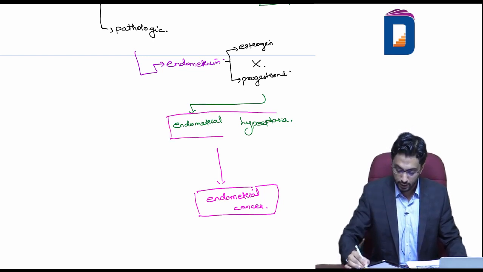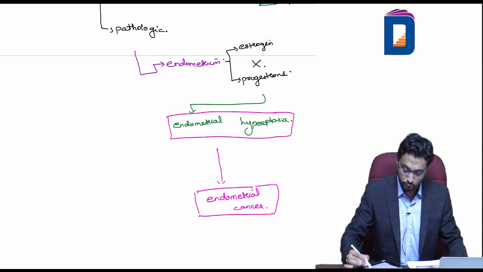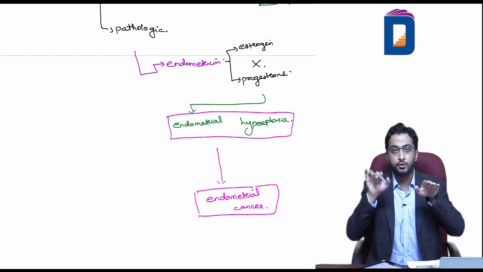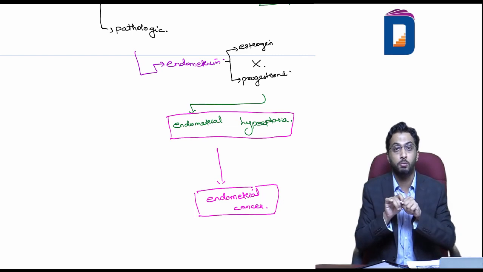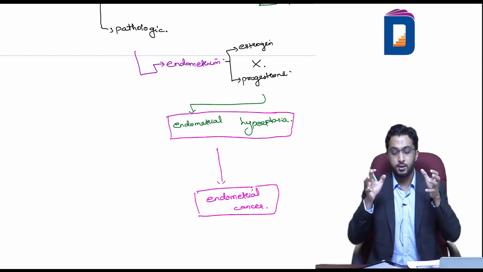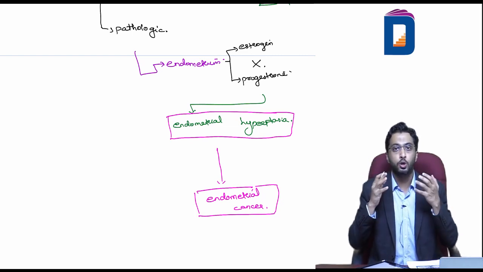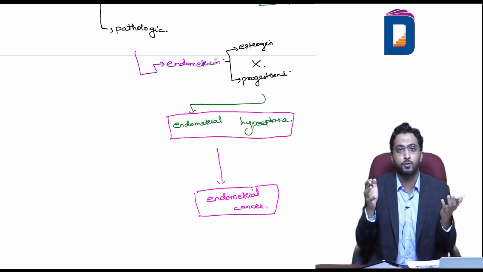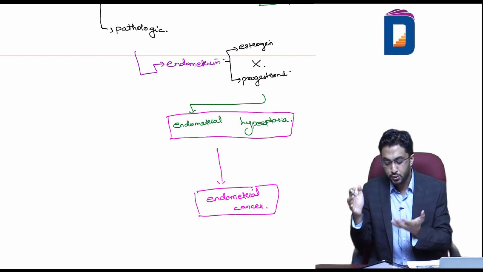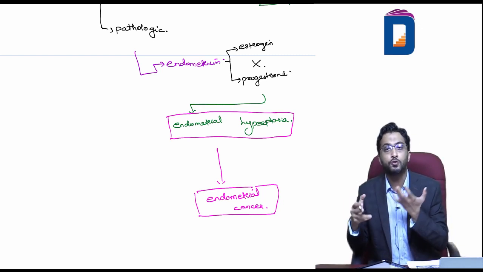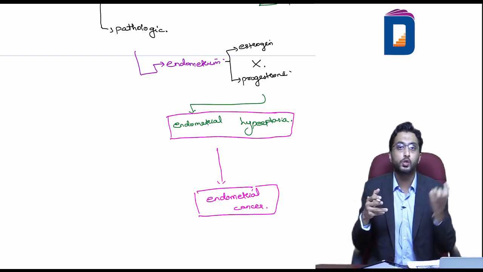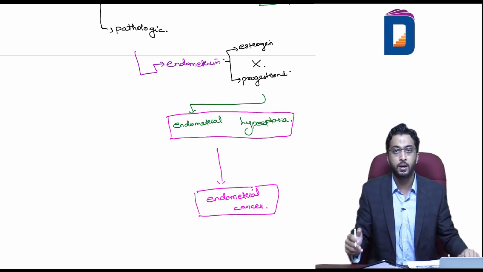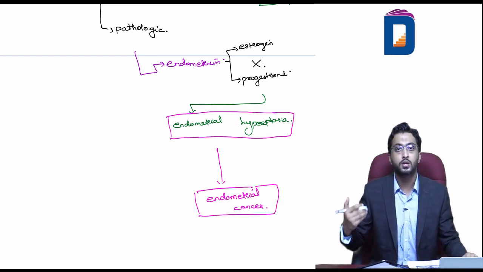Whereas in case of endometrial hyperplasia, very important to know that there is an imbalance, there is no loss of control. Please note this. There is an imbalance between estrogen and progesterone. The things are still under control. Okay, but when it comes to endometrial cancer, it is a loss of control. The loss of control over the cell division is happening, which leads to this particular condition of cancer.